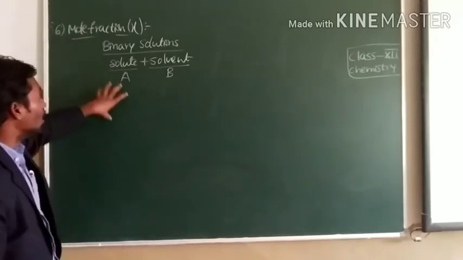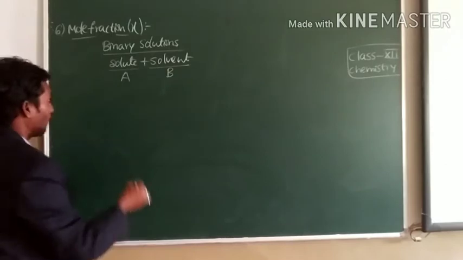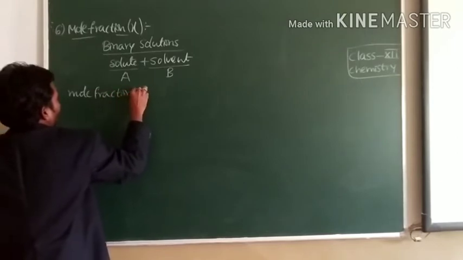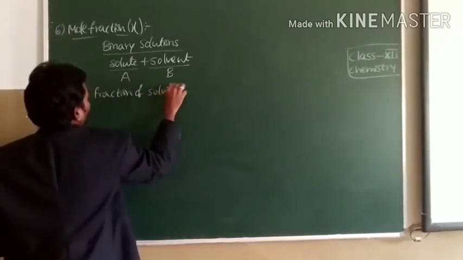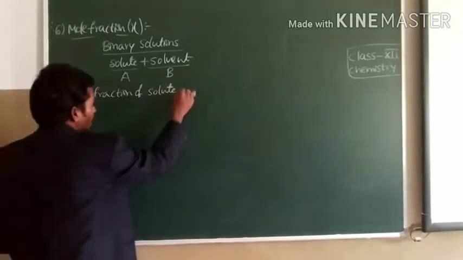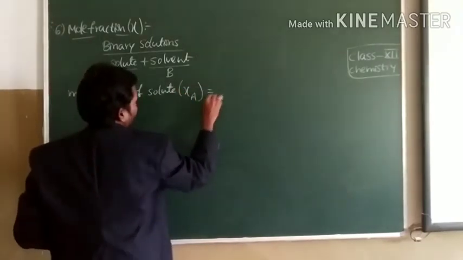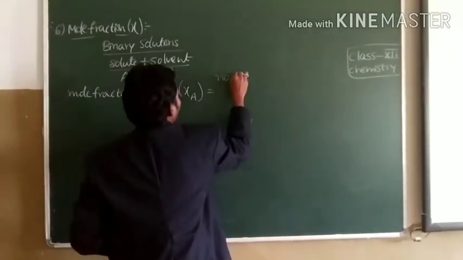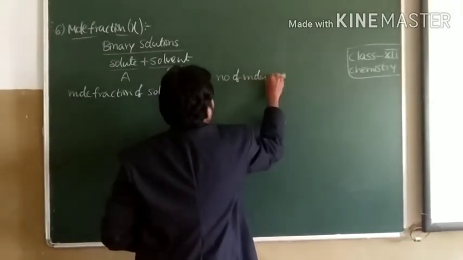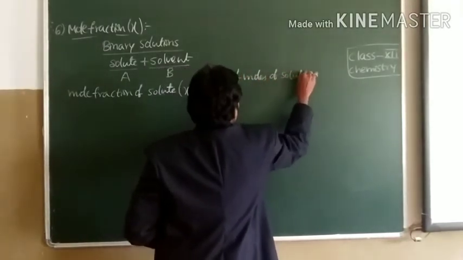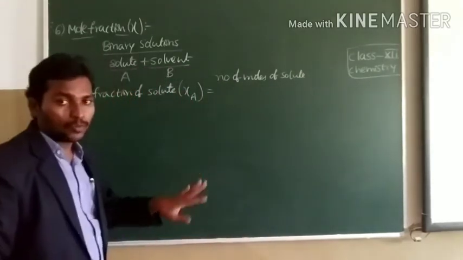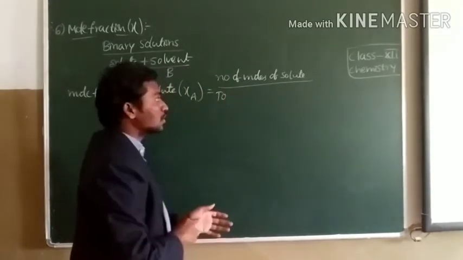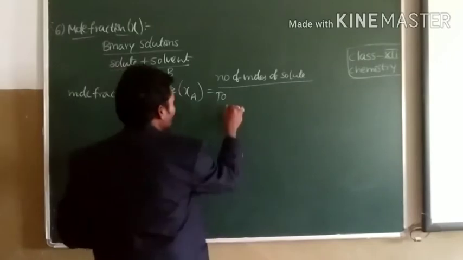Now we want to find out mole fraction of solute and solvent. So mole fraction of solute, that is chi A. Mole fraction of solute chi A is equal to number of moles of solute by total number of moles of solution, children.